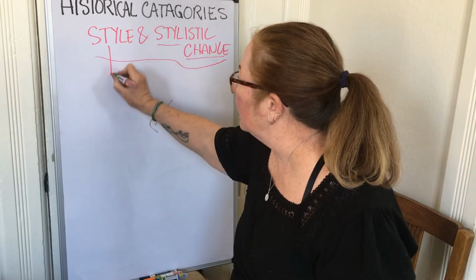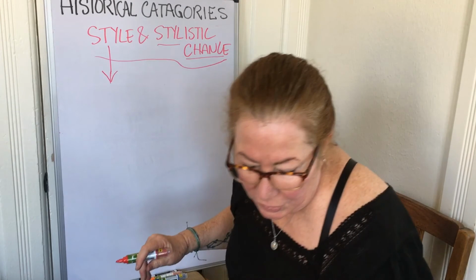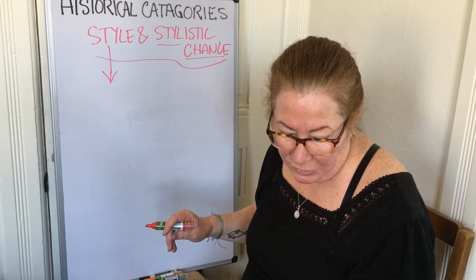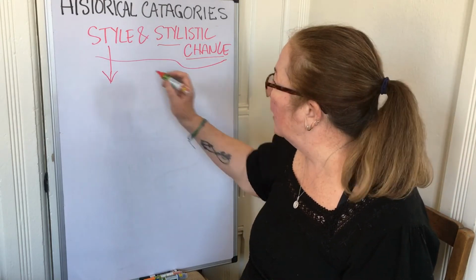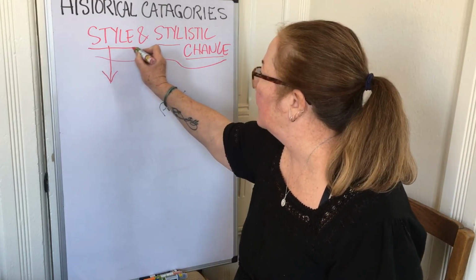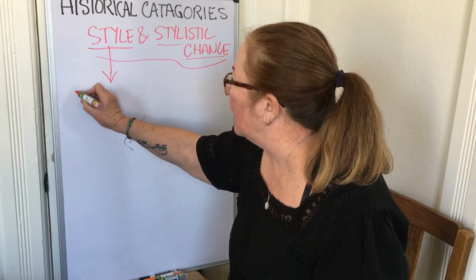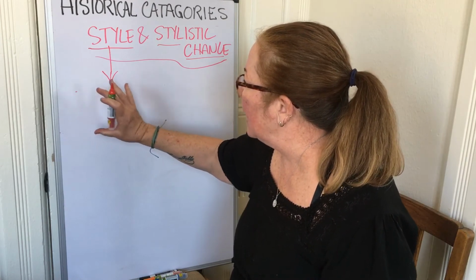So style and stylistic change refers to something that's happening in a general region. I mean style as something that happens geographically and historically in a certain area.